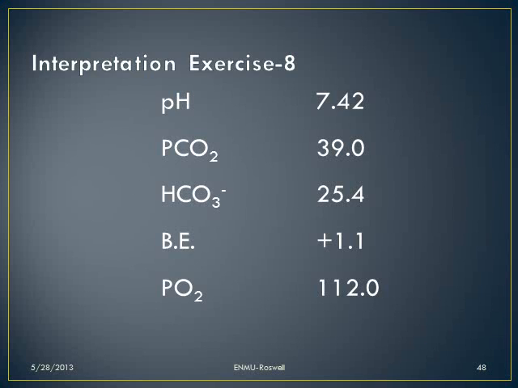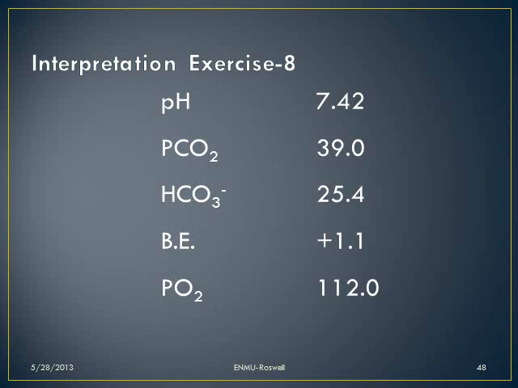Shall we do one more? Well, might as well. pH 7.42. It's on the alkalotic side of normal. Can be fully CO2 compensated. Does that explain that pH? No. Does bicarb explain that pH? Huh. What the heck?